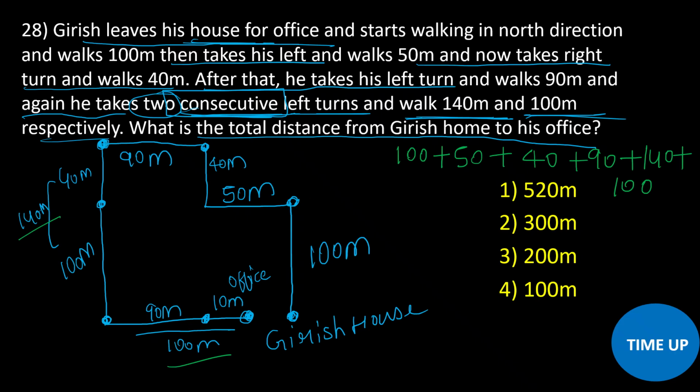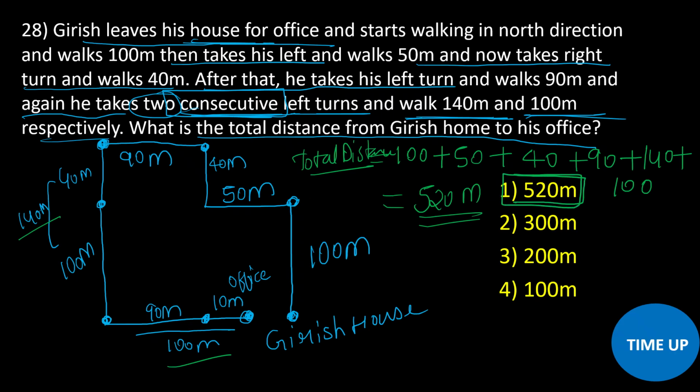So when you add, you will get 520 meter. So this will be your total distance. Okay, understanding? So the correct answer is 520 meter. 520 meter is the correct option.